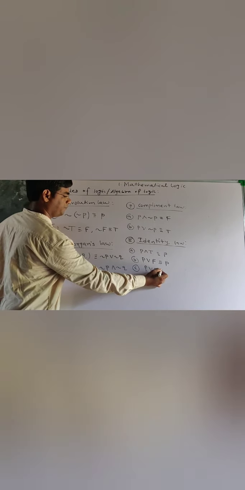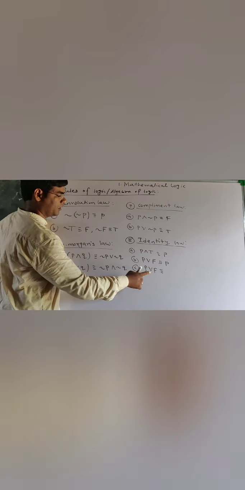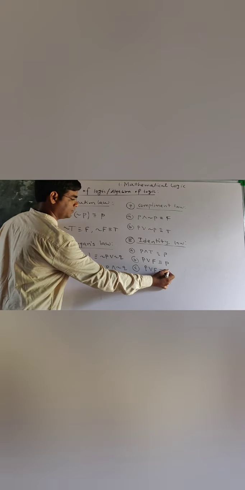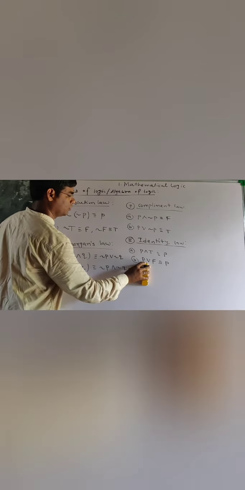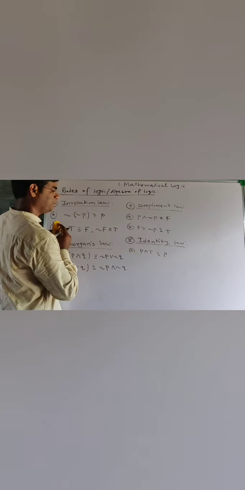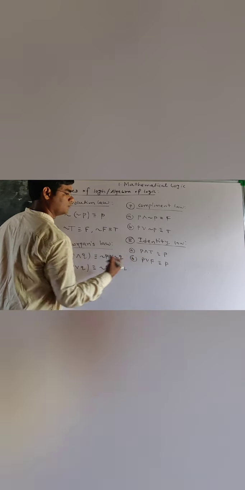For P or F, the answer is P. So for AND with T the rule is P and T is P, and for P or F it is also P.